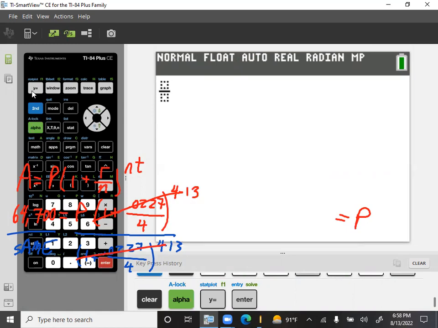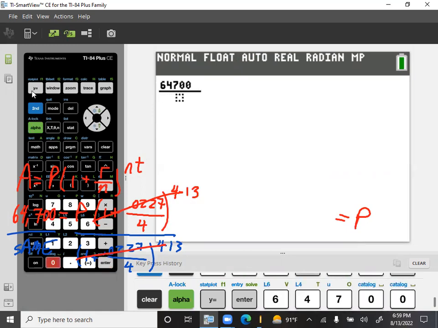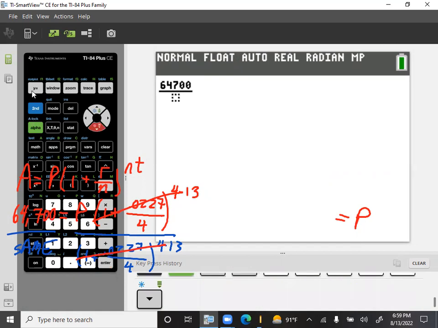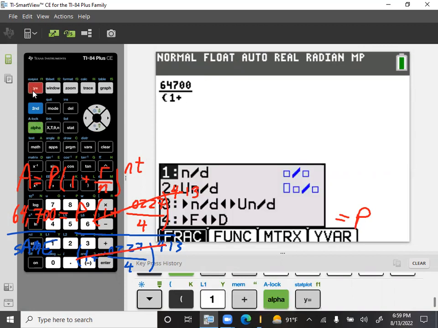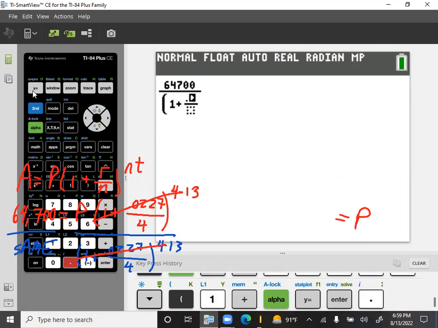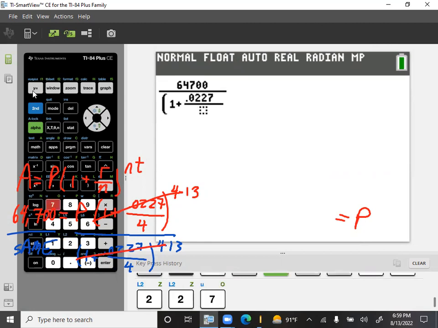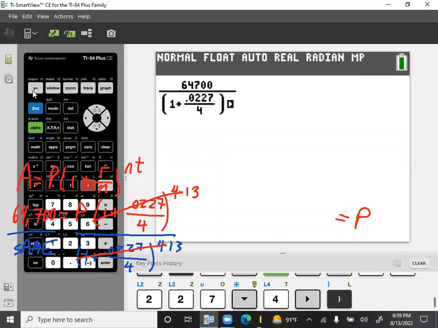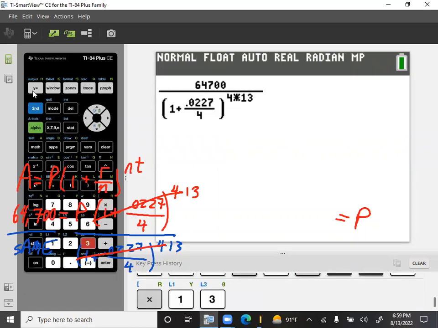Okay, so I'm going to do the fancy fraction again. 64,700. It's going to go a lot farther than the 7,500 from the last family. And then we're going to divide that by 1 plus the fraction 0.0227 over 4, raised to the 4 times 13.